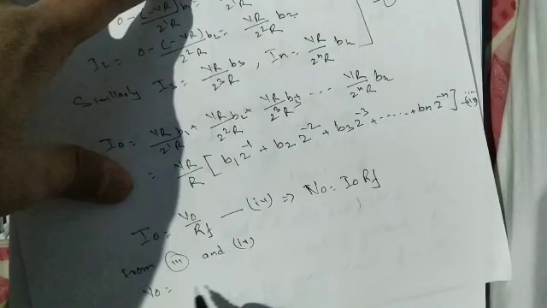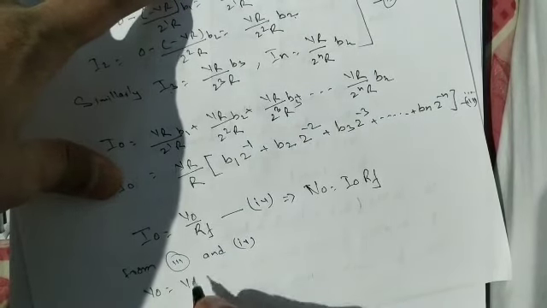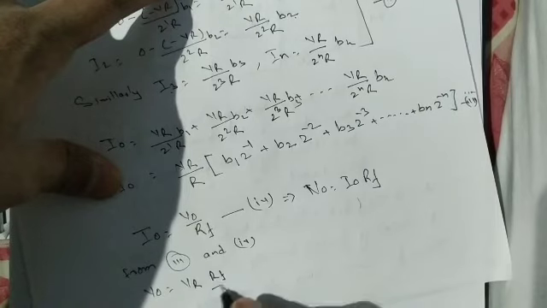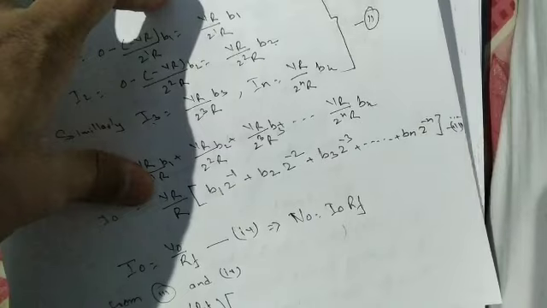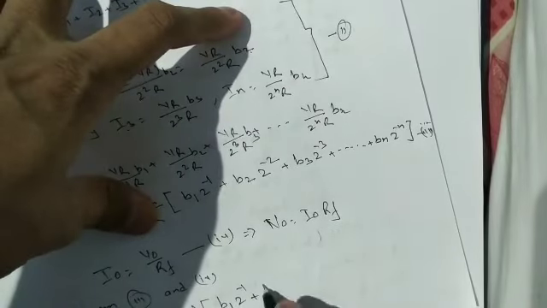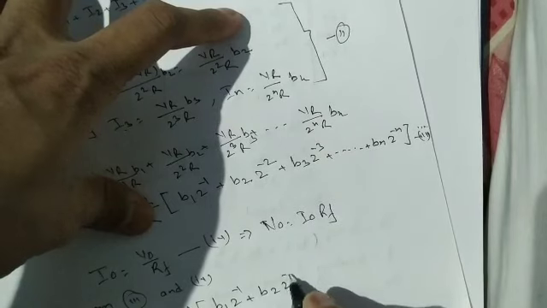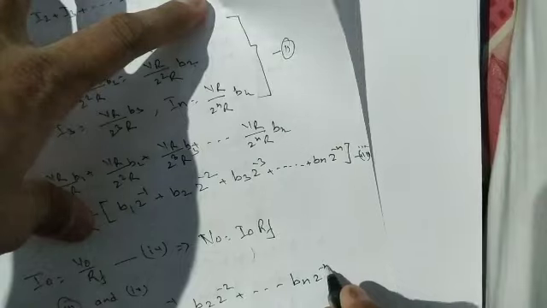So V0 equal to VR RF by R into B1 2 to the power minus 1 plus B2 2 to the power minus 2 plus dot dot dot Bn 2 to the power minus n.